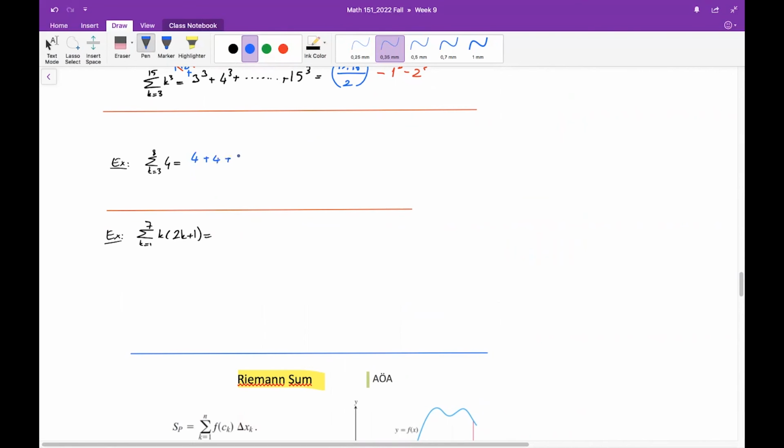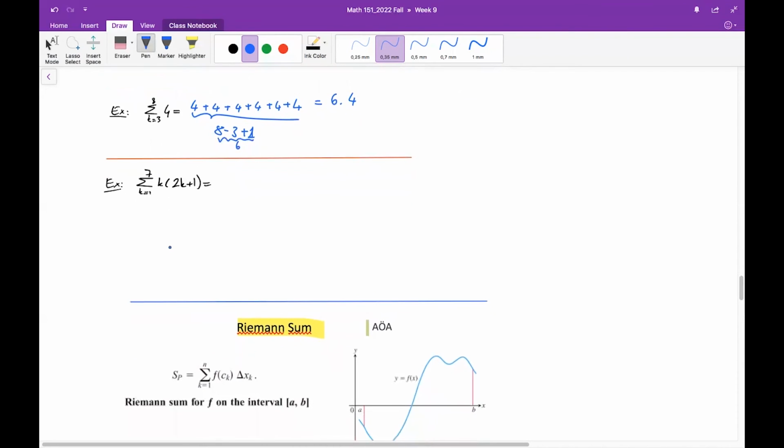The index runs 3, 4, 5, 6, 7, 8. So it is in fact how many times? 8 minus 3 plus 1 times, I guess. 1, 2, 3, 4, 5, 6. So 6 times 4 is the result. 6 is the number of terms coming from here.